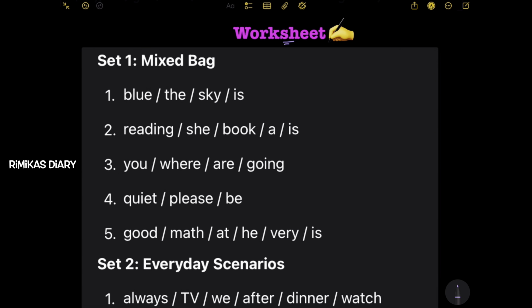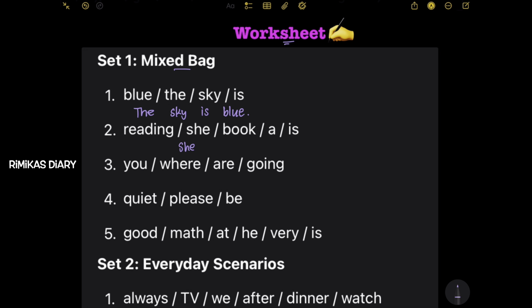Worksheet. So there are some words and you have to unscramble it into sentences. So the first one is mixed of different concepts. So mixed bag. So the first one, blue the sky is. So you have to unscramble it into a sentence. So the sky is blue. Reading she book is.